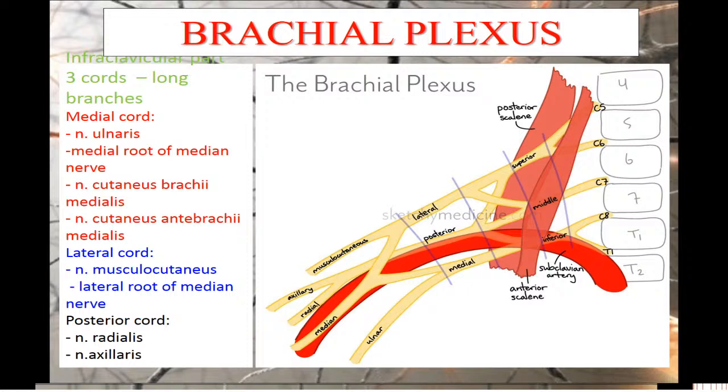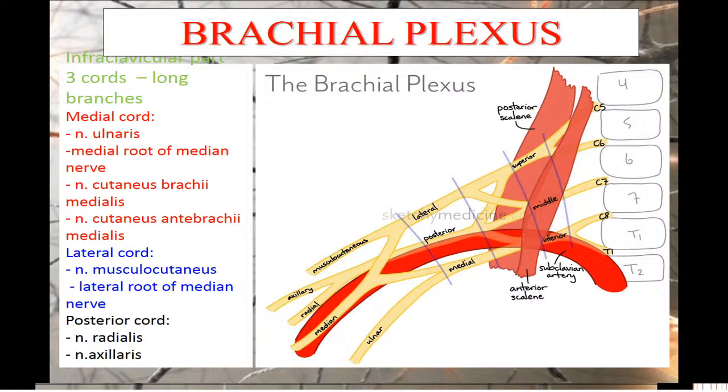Then both nerves continue to the region of the hand. The ulnar nerve supplies the muscles of the hypothenar and related skin, and also supplies the skin of the little finger completely, and also the medial side, or ulnar side, of the ring finger.